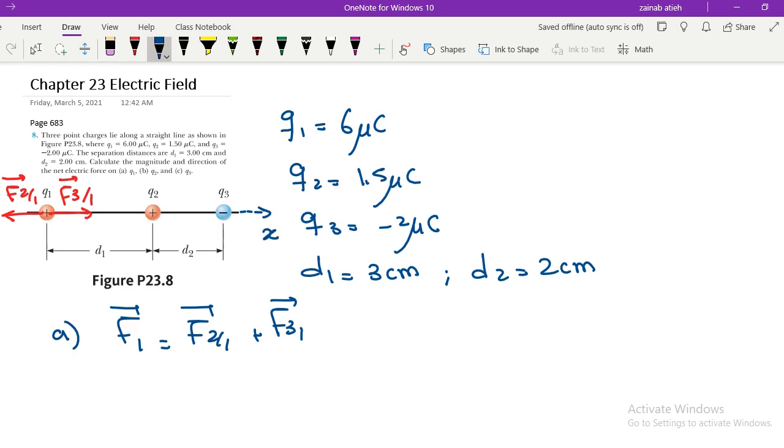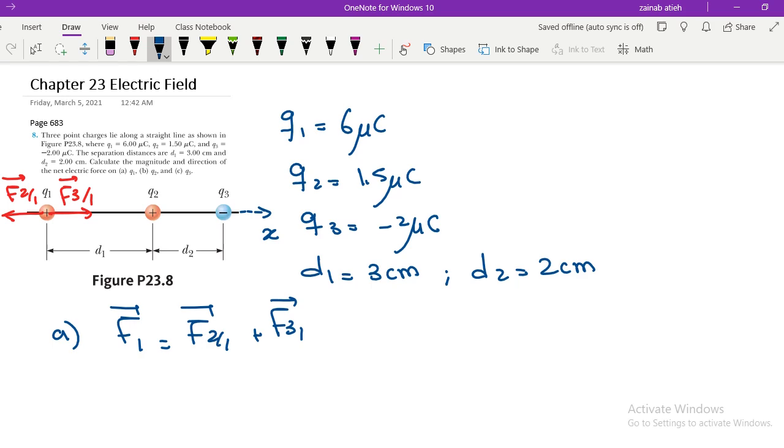So my forces will be either plus magnitude I or minus magnitude I. Nothing will be along J, nothing will be projected with an angle, so things will be easy in this problem. So the first step is to write the forces F2 on 1 and F3 on 1 as vectors, and then add them. How to write them as vectors?